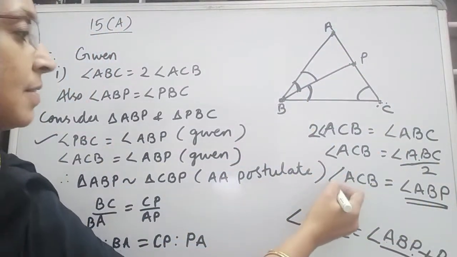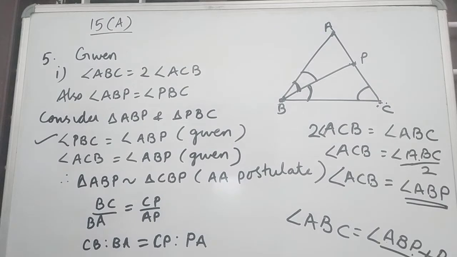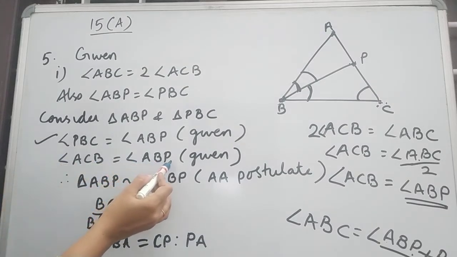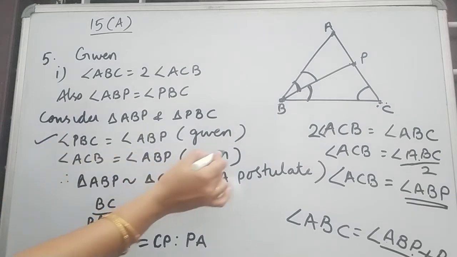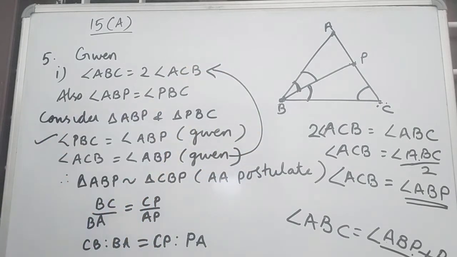So angle ACB will be equal to what? ACB is equal to angle ABP. That is from the question itself. So 2 angles we got. So using the AA postulate we can write triangle ABP is similar to triangle CBP.